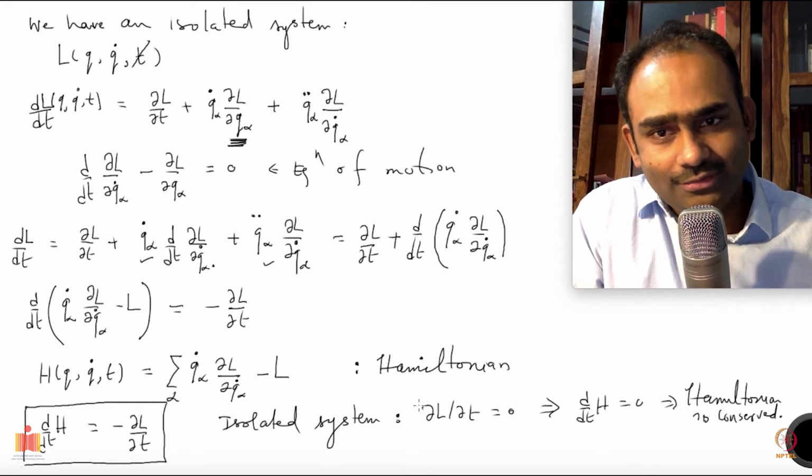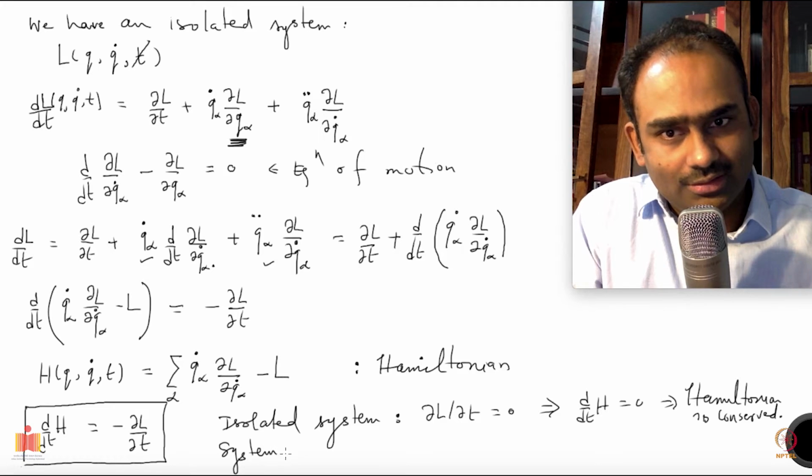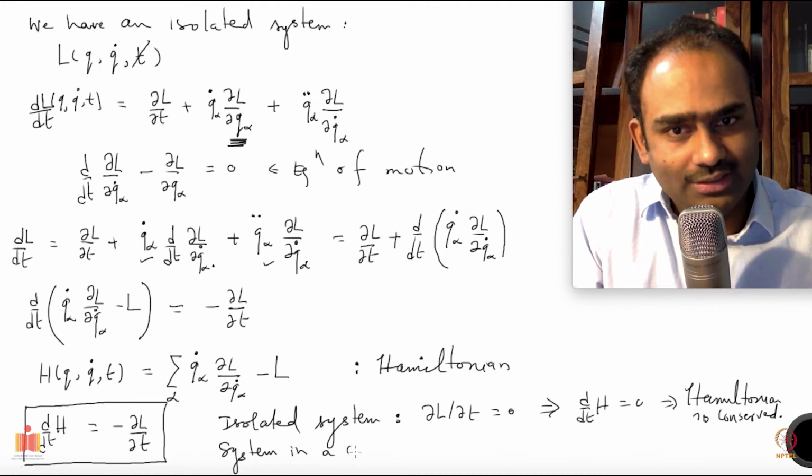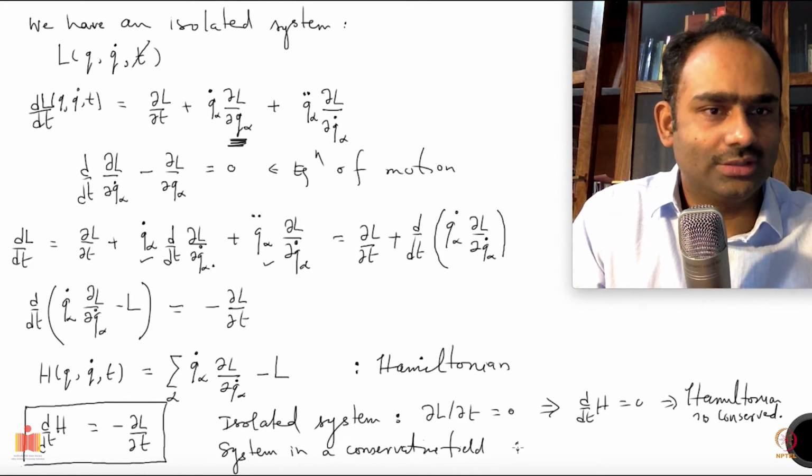So even for a system in a conservative field, you still get h to be conserved.